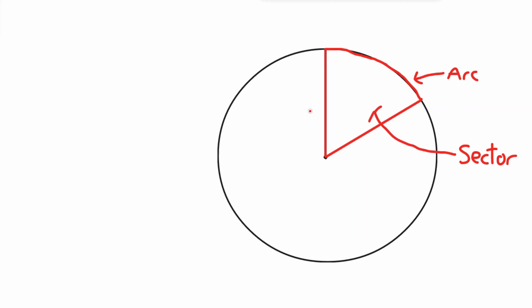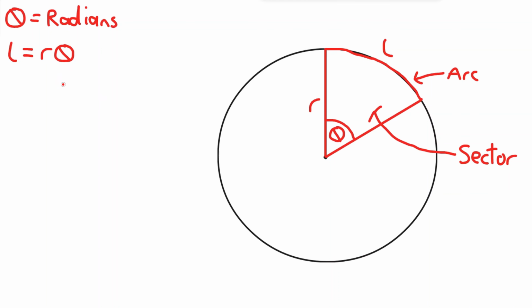If the radius of this circle is r, and the angle between these two radii is theta, if theta is in radians, this is important, it has to be in radians, then the length of this arc here, which we're going to call L, is simply going to be the length of the radius multiplied by theta in radians. And you can see this is a really simple formula. The length of this arc is just the length of the radius multiplied by this angle in radians.